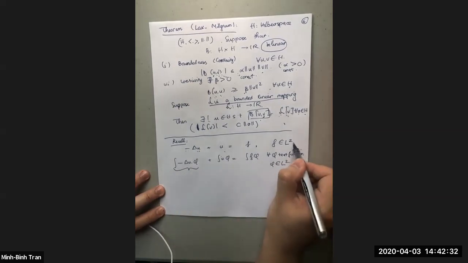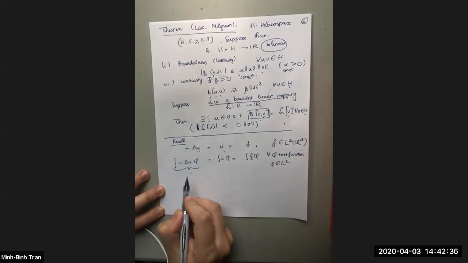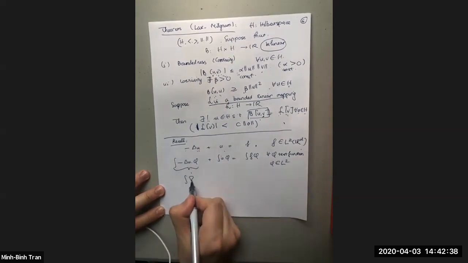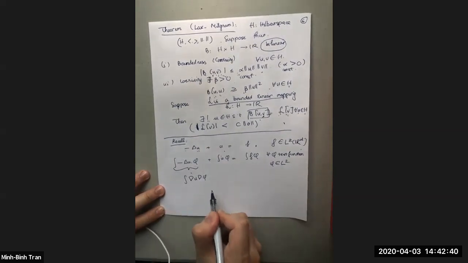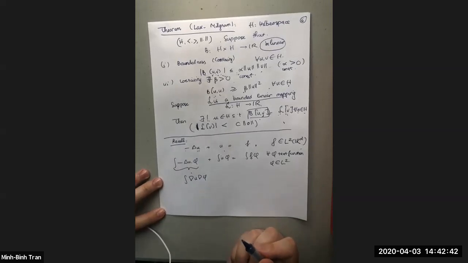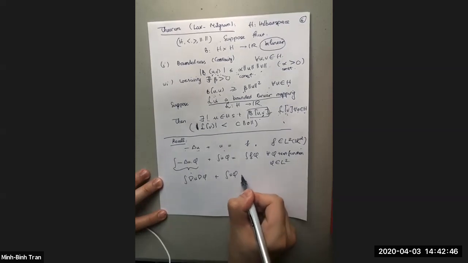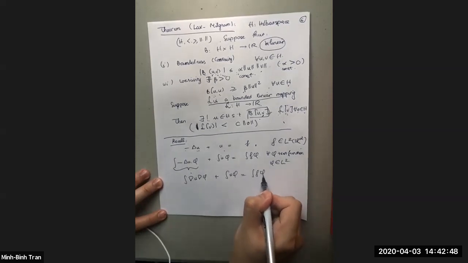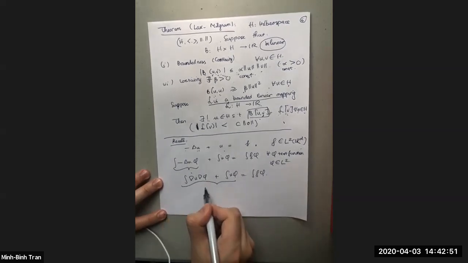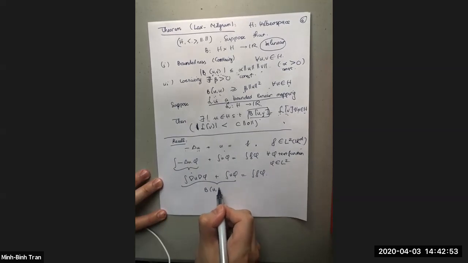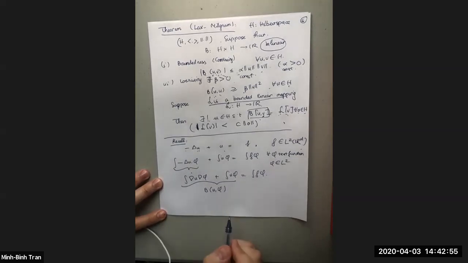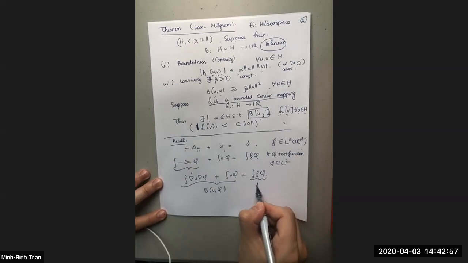Now this is by the Green theorem. Suppose that this is on D. By the Green theorem, or by integration by parts, I'm going to turn this into nabla U times nabla phi, and this is still U phi, and this is F phi, right? So this is basically the bilinear form B(U, phi), and this is L of phi.